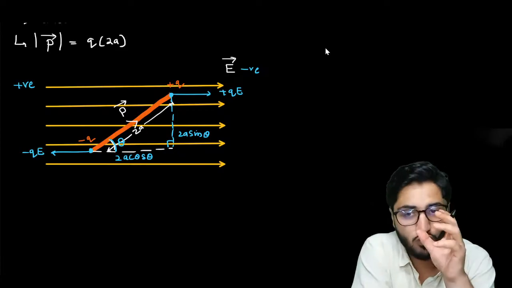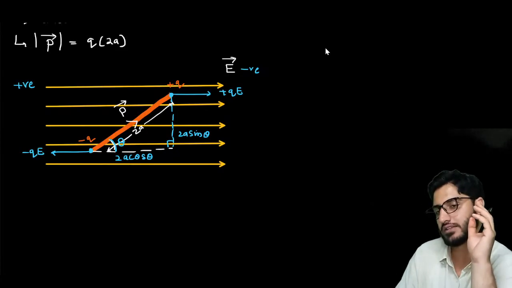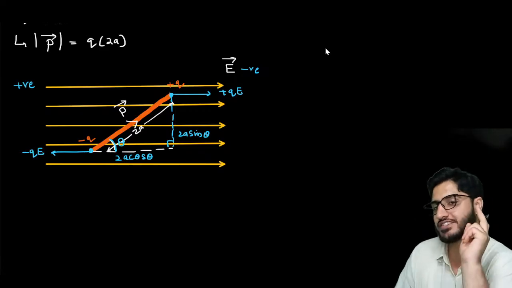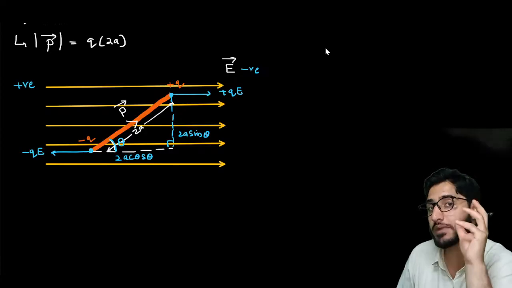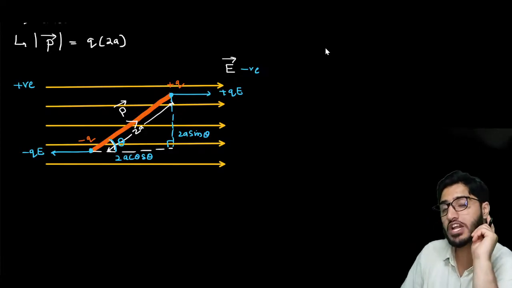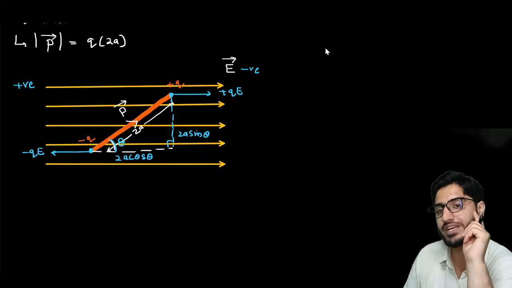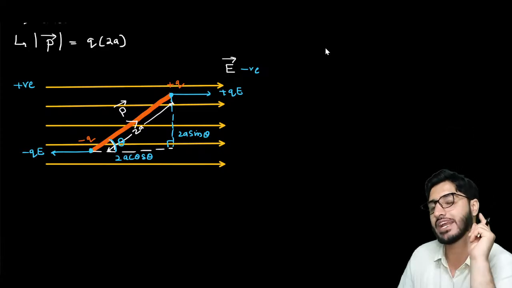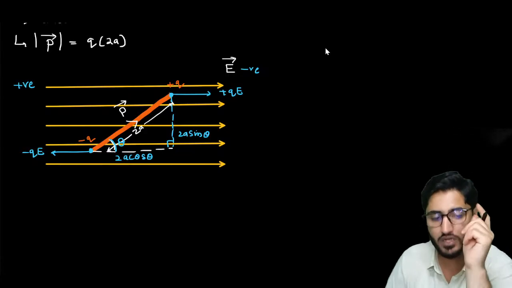Two forces are acting on a single body in opposite directions, but the line of action is different. So here what will happen? There will be a torque, from rotational motion of 11th. We know if two equal and opposite forces are acting on a body and the line of action is different, the body will experience a torque.